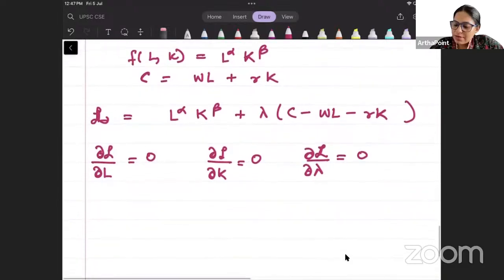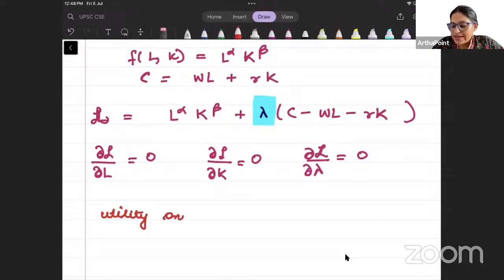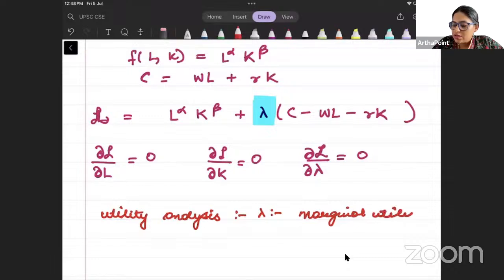Achha, just remember here the interpretation of this lambda. If you remember, when we were doing the utility analysis, उस टाइम पे I had explained this interpretation. And I had told you that this lambda represents marginal utility of income, the extra utility you get when you change income.